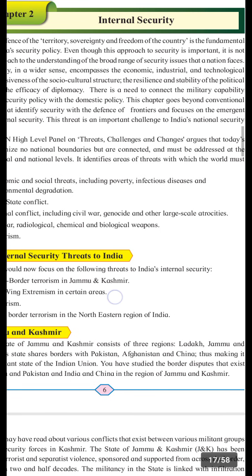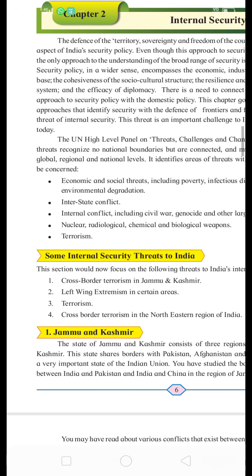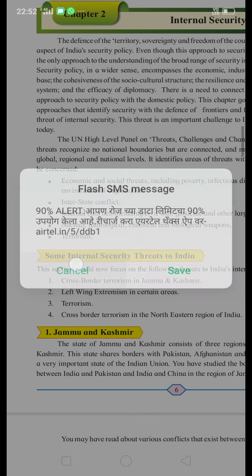Jammu and Kashmir's border is related to Afghanistan and Pakistan, and Ladakh's border is with China. This makes it a very important state.